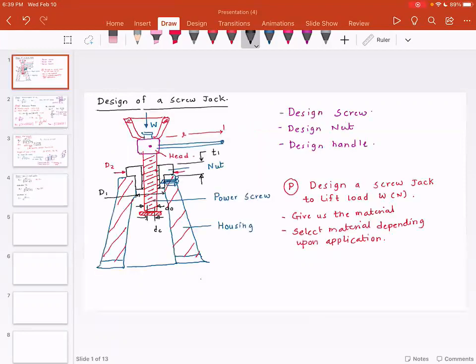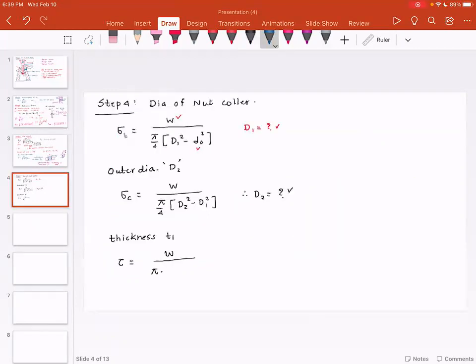Now, if you look at the diameter here, this is the diameter D1. D1 we already know, and the value of W is given to us. So with this, I should be able to find out the value of T1.